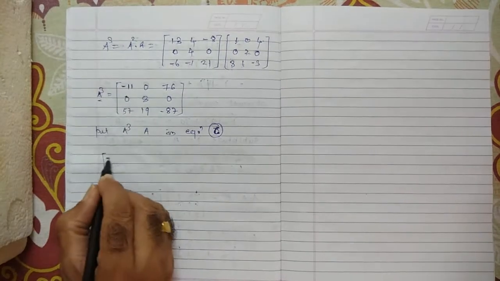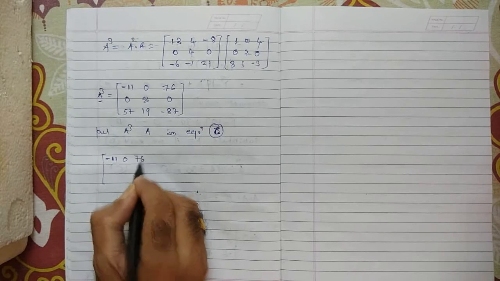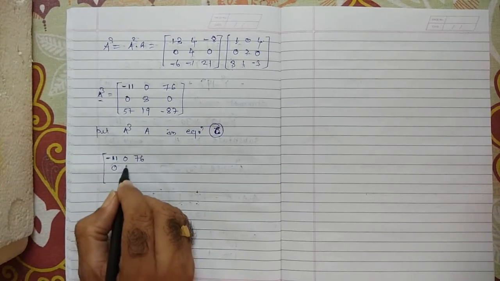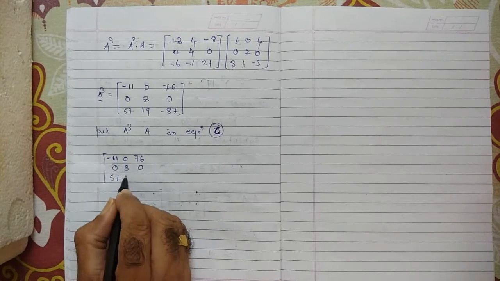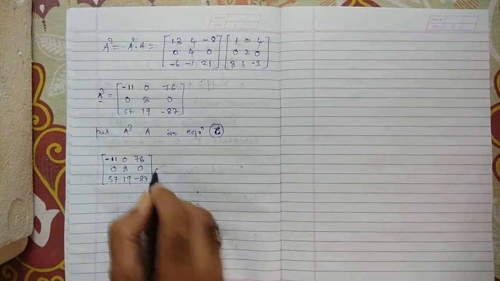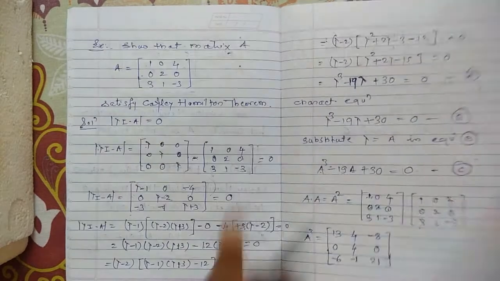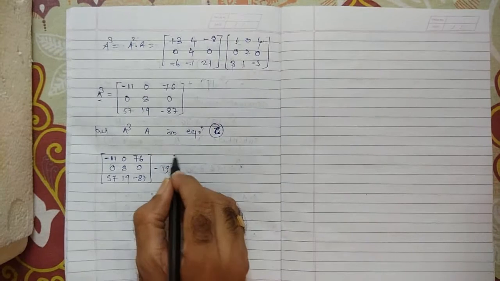A cube is [-11, 0, 76], [0, 8, 0], then [57, 19, -87], minus 19 times A, and A is [1, 0, 4], [0, 2, 0].